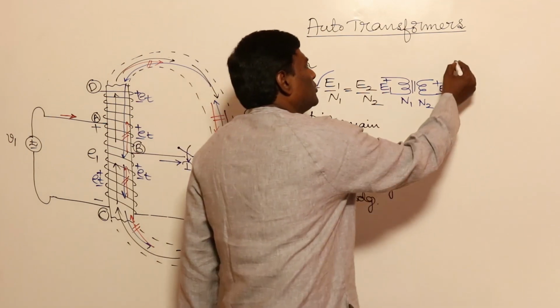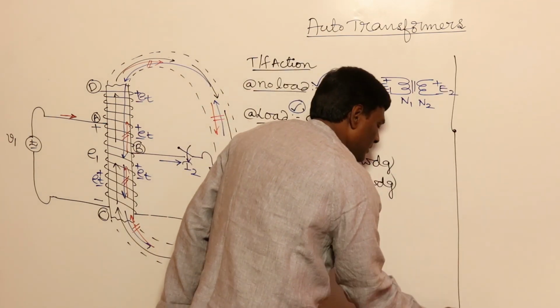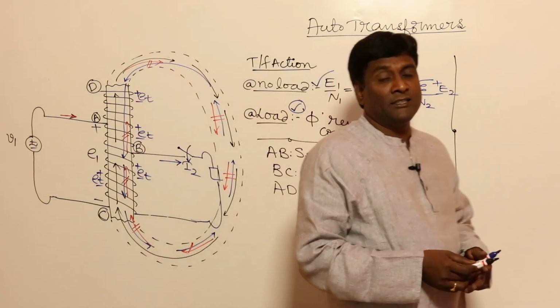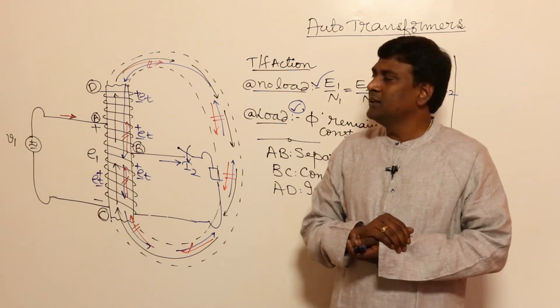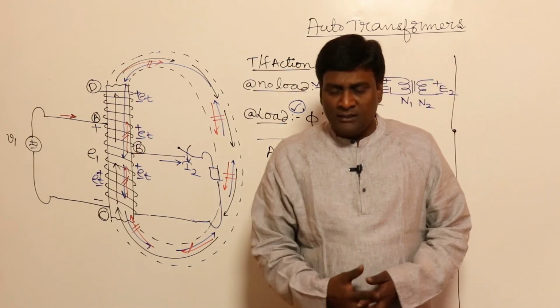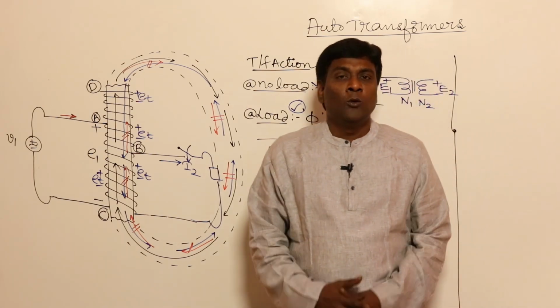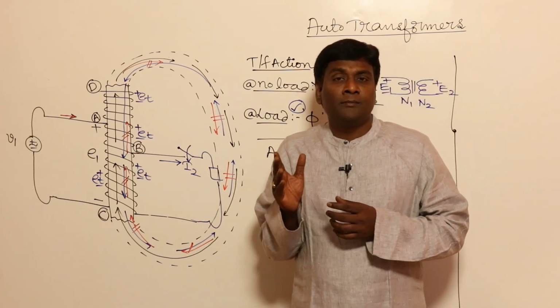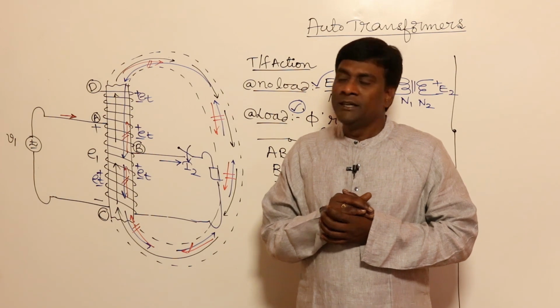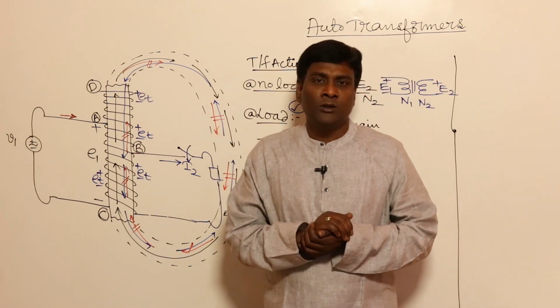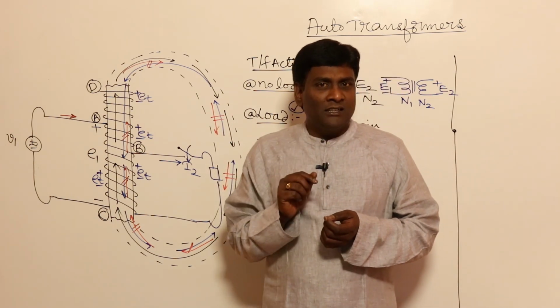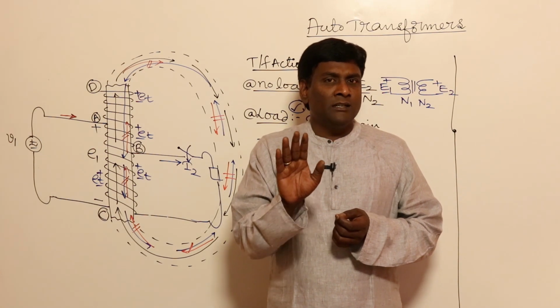Now we have to find what is conducted power, what is induced power, what is total power. In a two winding transformer, what was the conclusion we got in dealing with MMF? All of you have to focus here please.